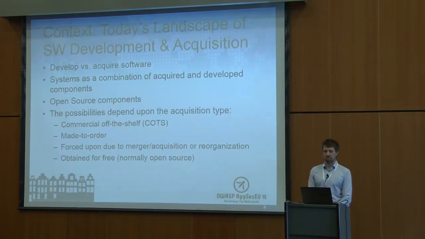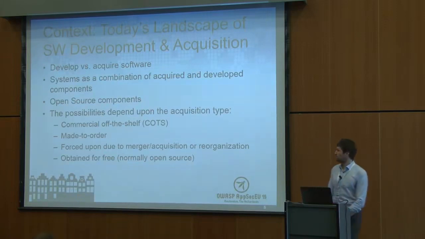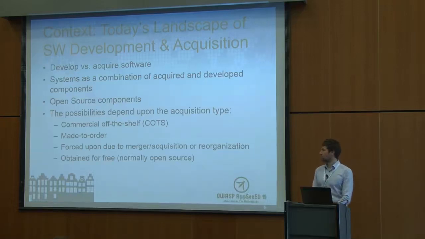There's made to order, so where you basically define your requirements and then outsource or contract the software development. And then, of course, there's parts of solutions that can be open source, and also in some cases software is forced upon companies due to mergers and acquisitions. So they have to use software that was used by another part of the organization, which now becomes part of a new organization, and then obviously also software obtained for free.